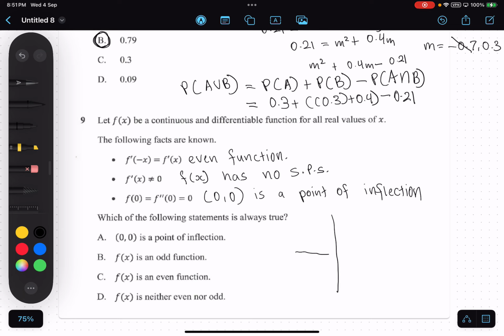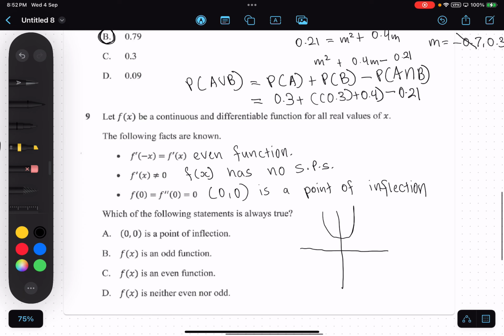So an example of this is going to be a parabola that does not touch 0, and it looks like that. Let's say, for example, x squared plus 2. It's symmetrical, but it doesn't touch the x-axis at all.